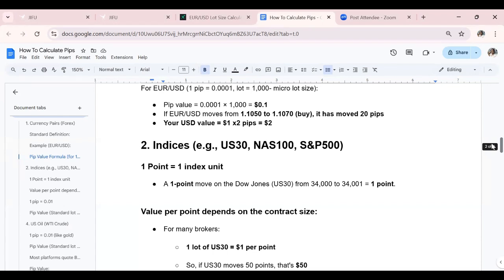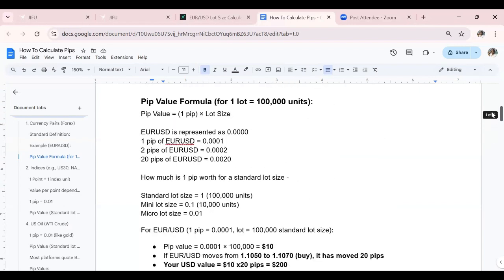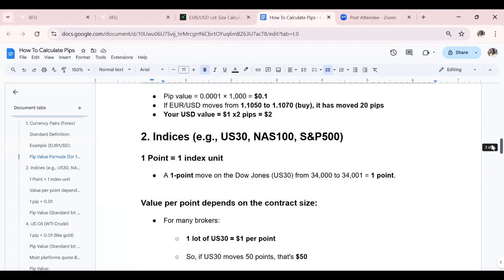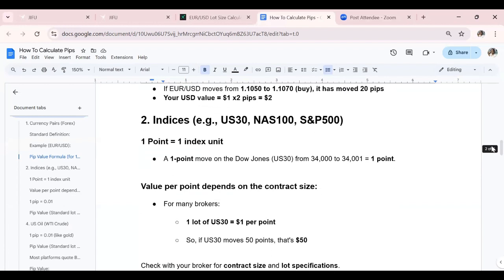So that's for currency pairs. Now let's quickly look at indices: Dow Jones, NASDAQ, and S&P 500. Let's use US 30.